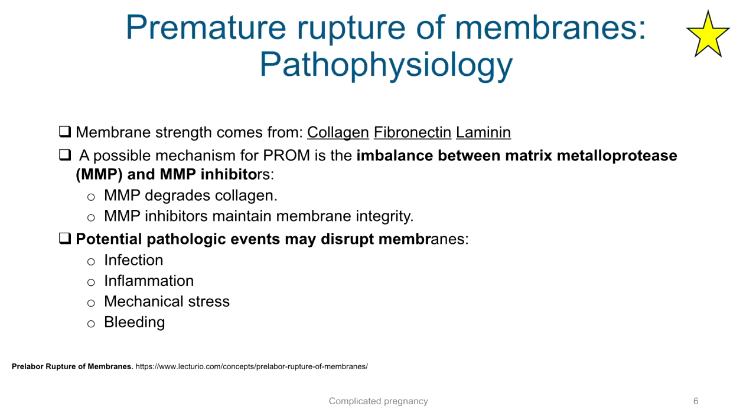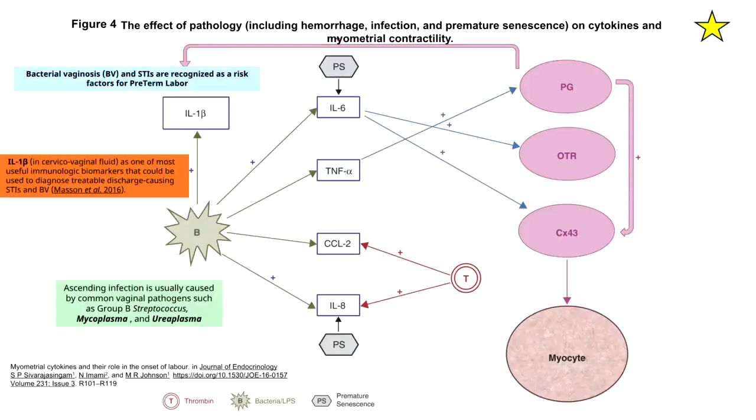So the imbalance between the proteases that degrade and the factors that inhibit the degradation is one of the underlying pathogenesis mechanisms that's occurring. The other thing is any event that potentially may disrupt those membranes, like infection, inflammation, mechanical stress, or bleeding, which are also part of the etiology plus the pathophysiology mechanism.